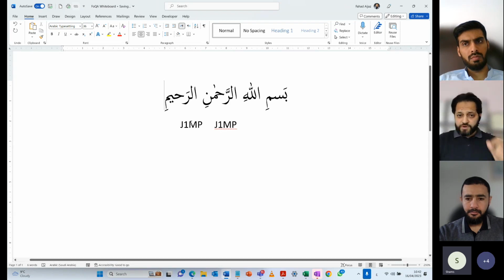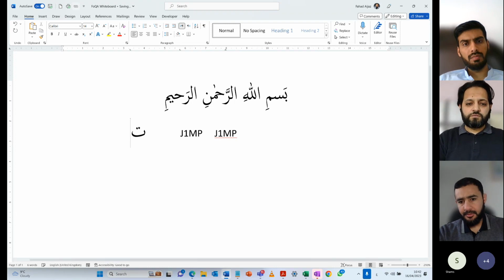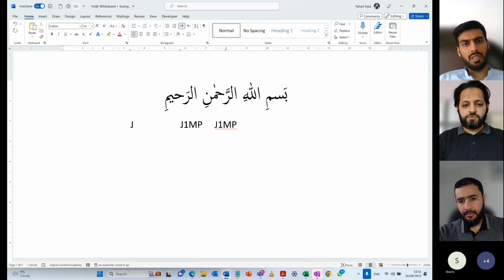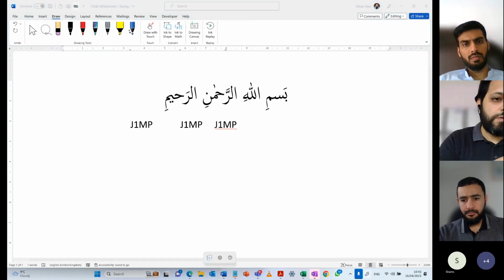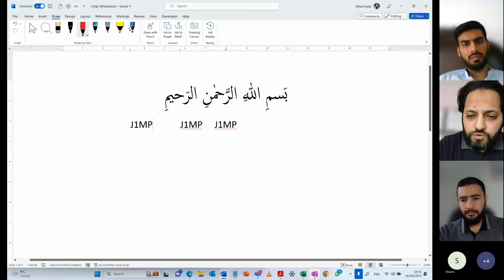Ar-Rahimi. Four properties of Ar-Rahimi: jar, singular, masculine, proper. Now what's happening here? Look closely. So you have an Idafah relationship going on here.